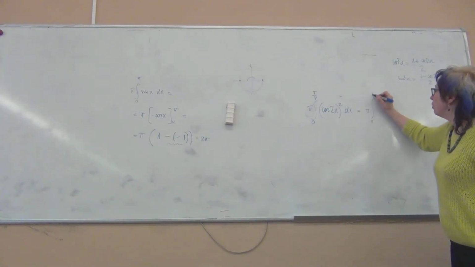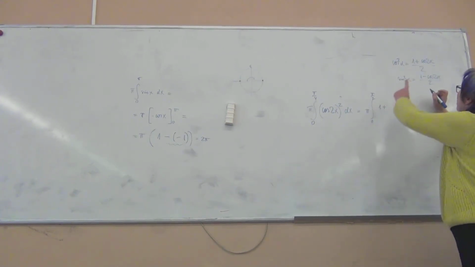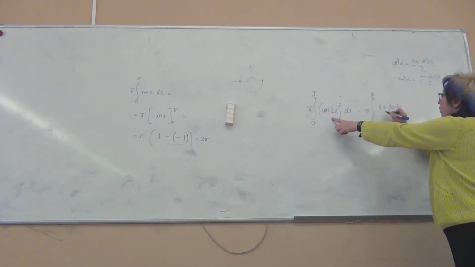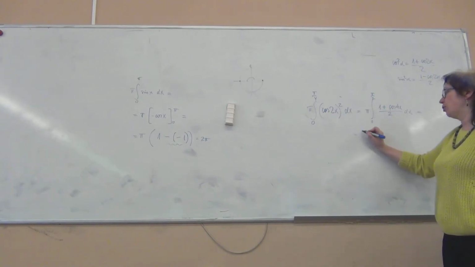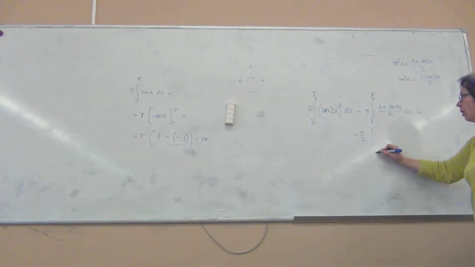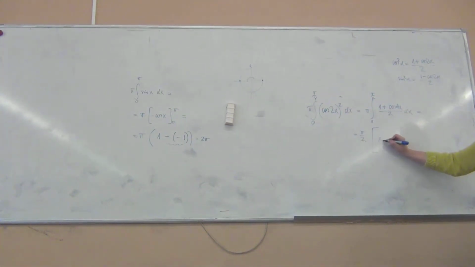So from 0 to pi over 4, that would be 1 plus cosine of double angle, which becomes cosine 4x, over 2 dx. So we can take pi half now outside, and here we have now 1 integrated is simply x, plus cosine integrated is sine of 4x, but because it's 4, you have to divide by 4.